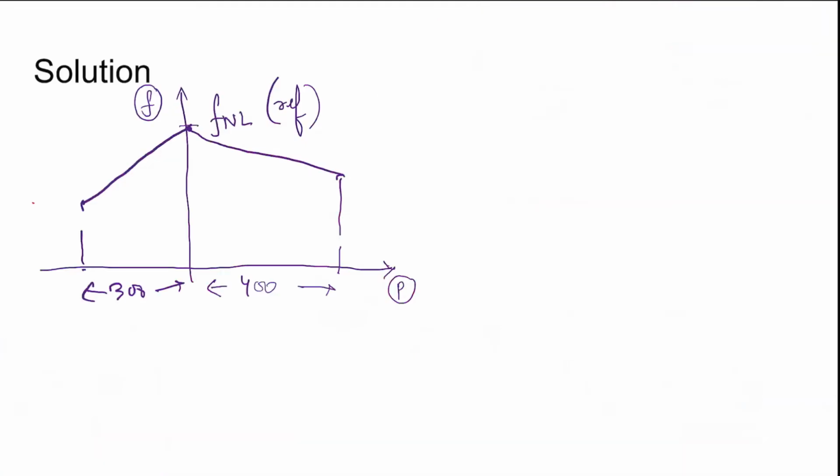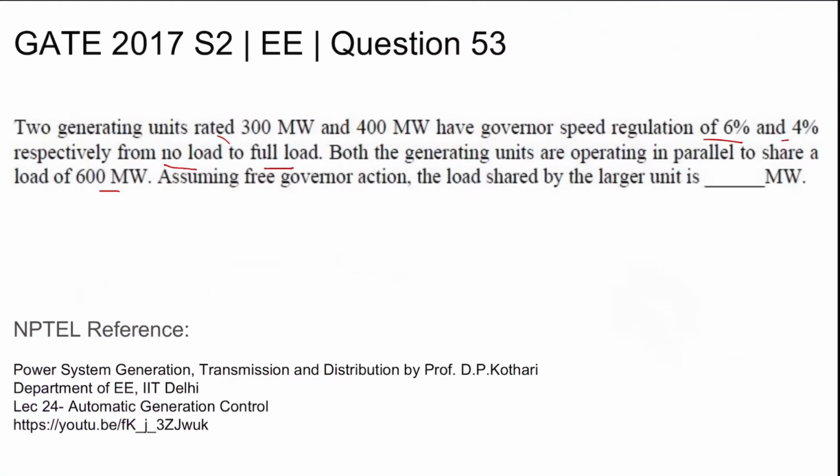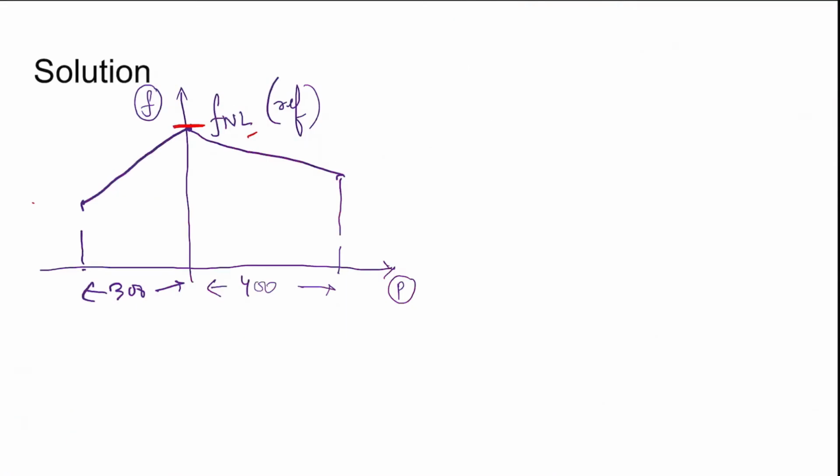Coming to the solution, the frequency versus electrical power generated curves for the two machines are like this, with their droop characteristics. Since no load is the reference, because in the question it is given from no load to full load, we consider no load frequency to be the same for both machines, and take this as reference.